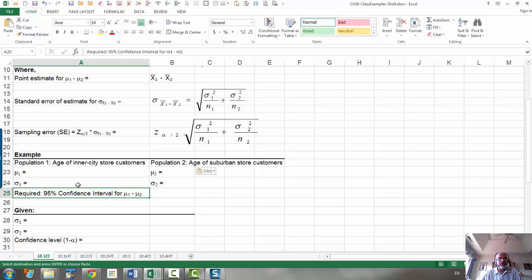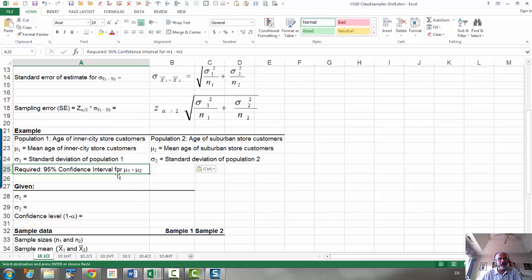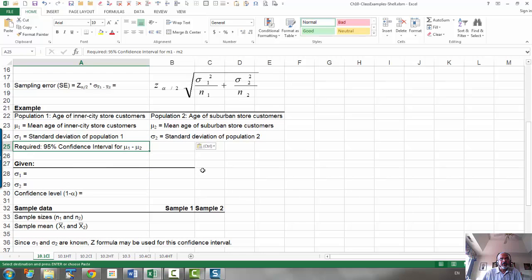And sigma sub 1 and sigma sub 2 are the standard deviations of the ages of these two populations. Now what we require is a 95% confidence interval for mu sub 1 minus mu sub 2. And let's first enter all the given information for the problem.